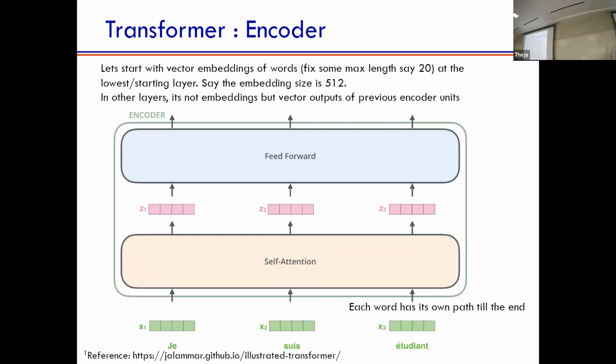So for that, let's really focus on the first encoder unit, where the input itself is passed in. Let's say the maximum number of words that we can process is 20.